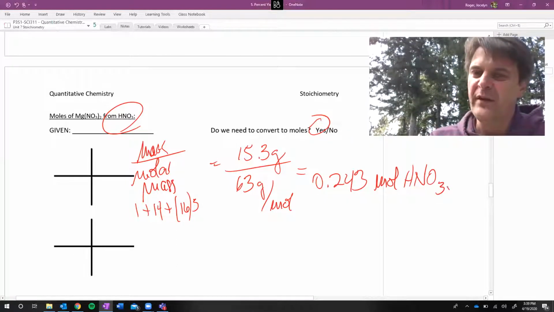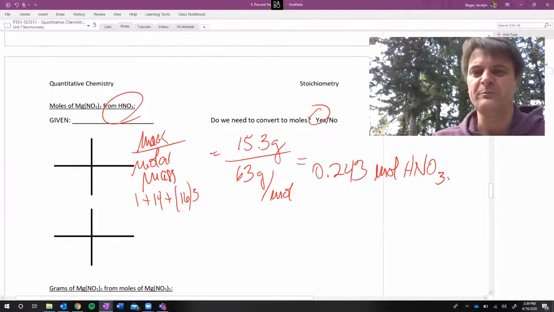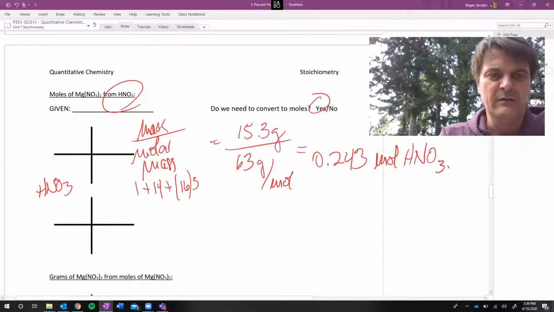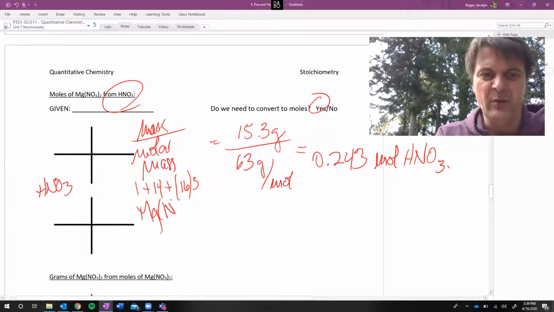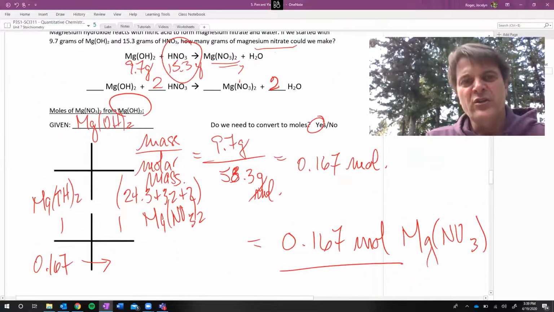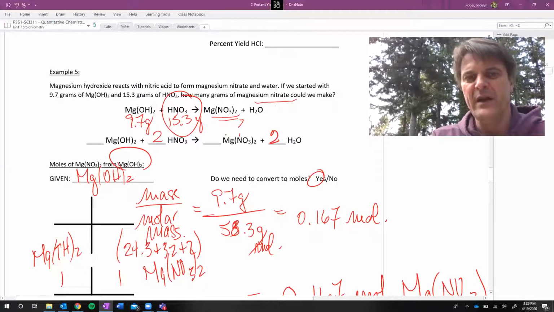Now that we have moles, we can use the mole ratio from the balanced equation, HNO3 to Mg(NO3)2. On the balanced equation, we have 2 nitric acid to 1 magnesium nitrate.